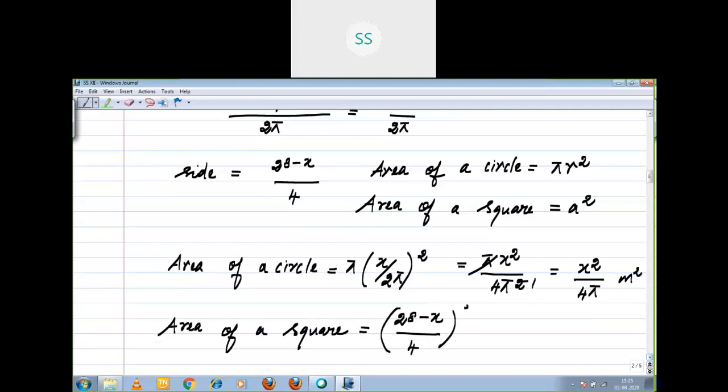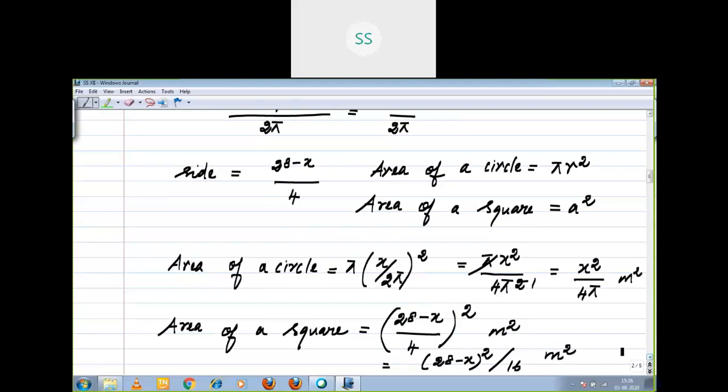Area of a square is nothing but a square. So what is your a? The side we arrived at as 28 minus x by 4. Now what is the answer here? Which is equal to 28 minus x, the whole square, divided by 16 meter square, right?